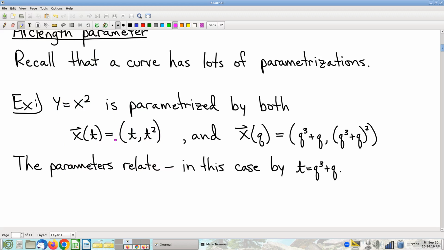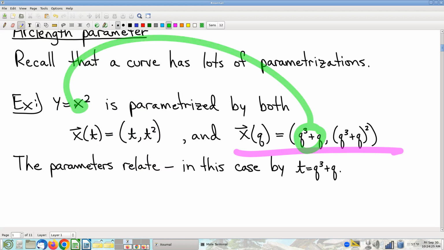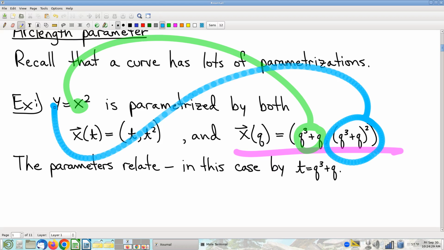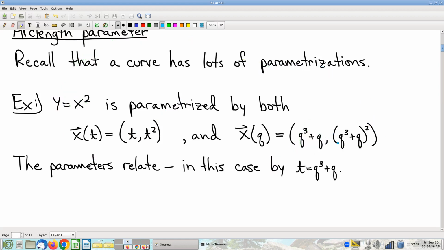So this is a parameterization of that curve. But at the same time, so is this. If this were x, and I were to square it, then I do indeed get y. So this also is a parameterization, same curve. So there's lots of parameterizations.